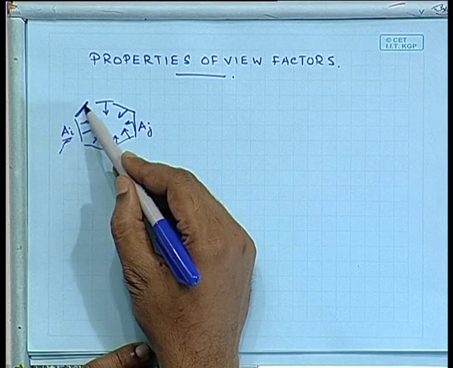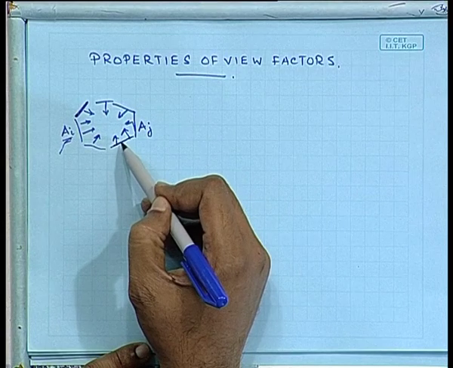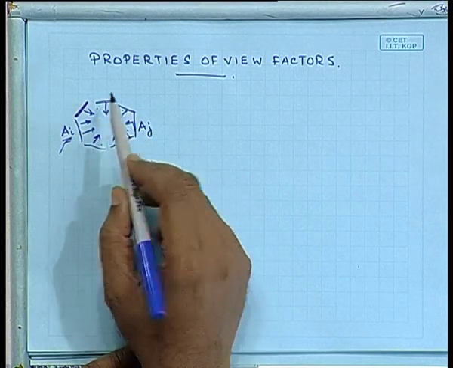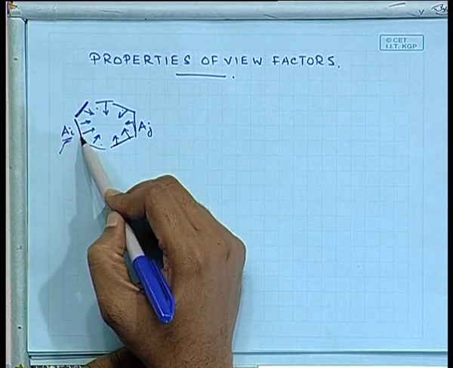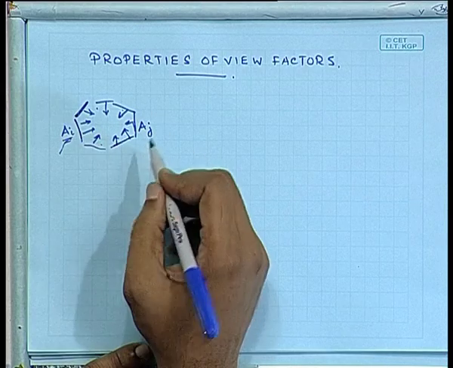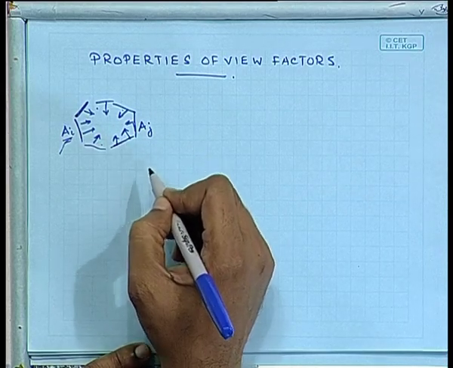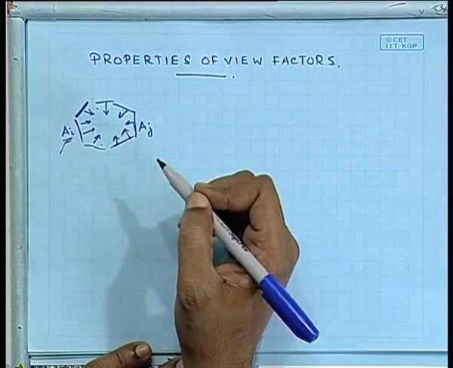Let us say this surface is at 3000 degree Kelvin and this surface is at 500 degree Kelvin, and all the other surfaces are at some temperatures in between. Then obviously, in order to maintain steady state, you would have to supply energy to the 3000 Kelvin surface and extract energy from the 500 Kelvin surface. That is going to be extremely important information while designing a furnace.